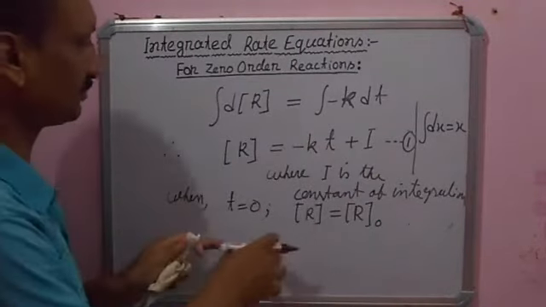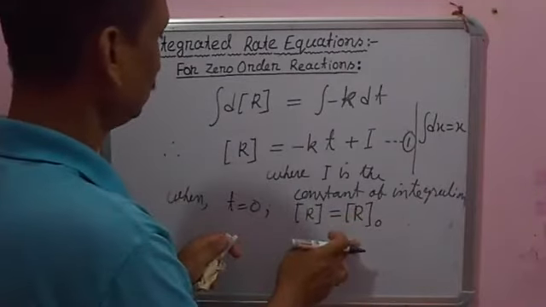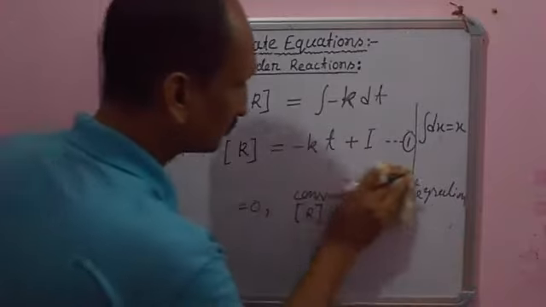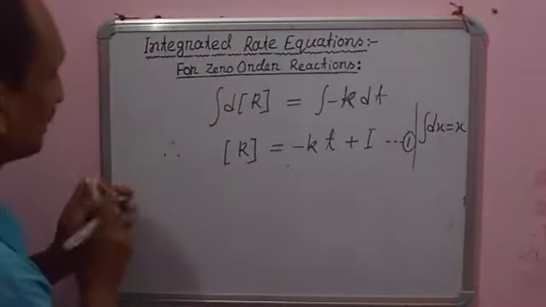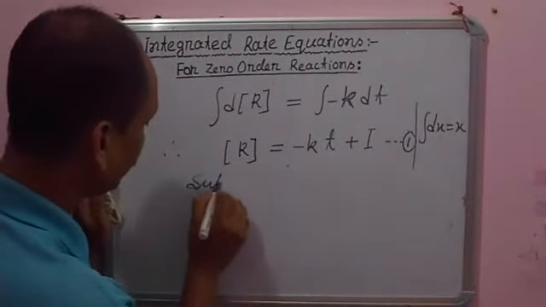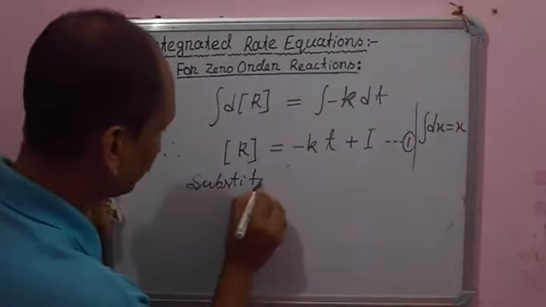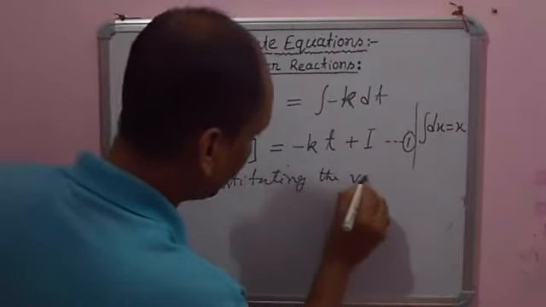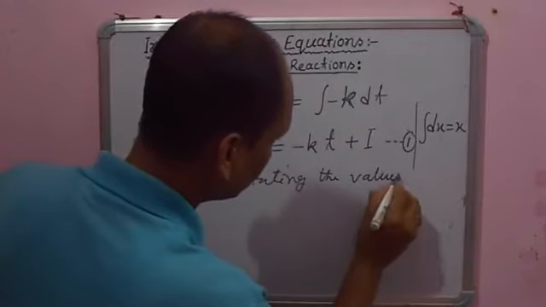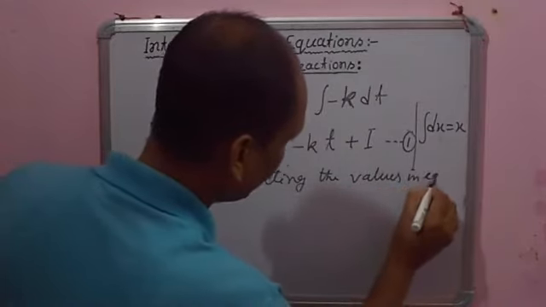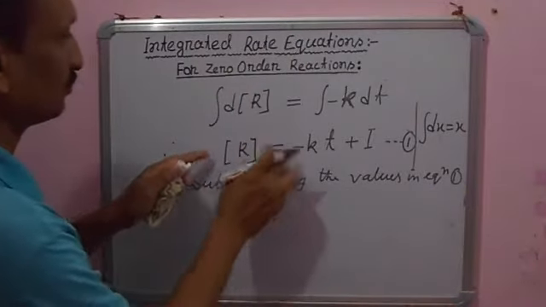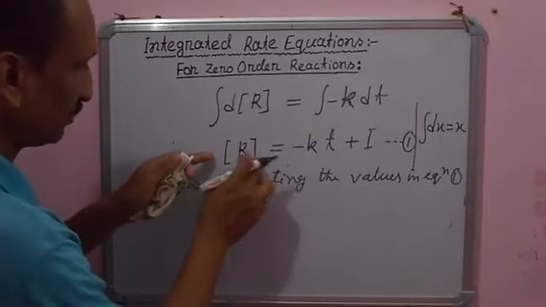Now substituting the values in equation 1: when t is equal to 0, [R] equals [R]0.